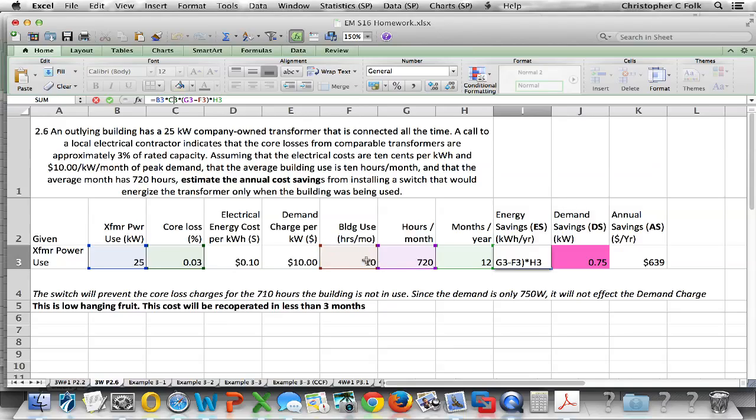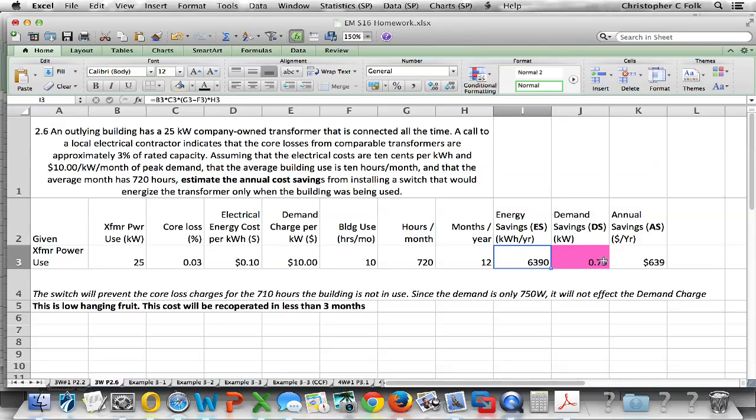So 720 minus 10 is 710, and we're going to multiply all of that times 12 months a year. That is going to give us our value. And that's going to say how much energy I am using during the 710 hours that the building is not occupied. So that's the energy savings in kilowatt hours.